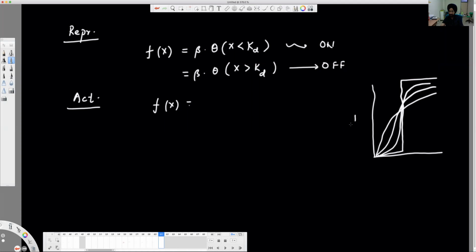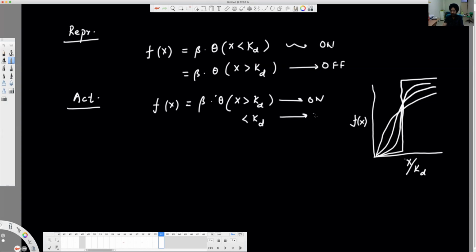This is Hill's equation for activation. So this will be given by beta times theta. If x is greater than KD, then the gene is on, and if it is less than KD, then the gene is off.